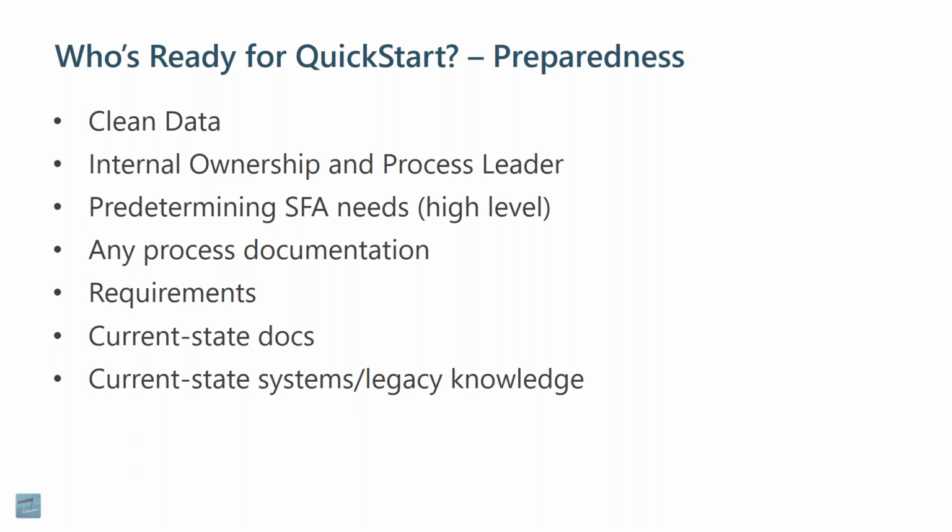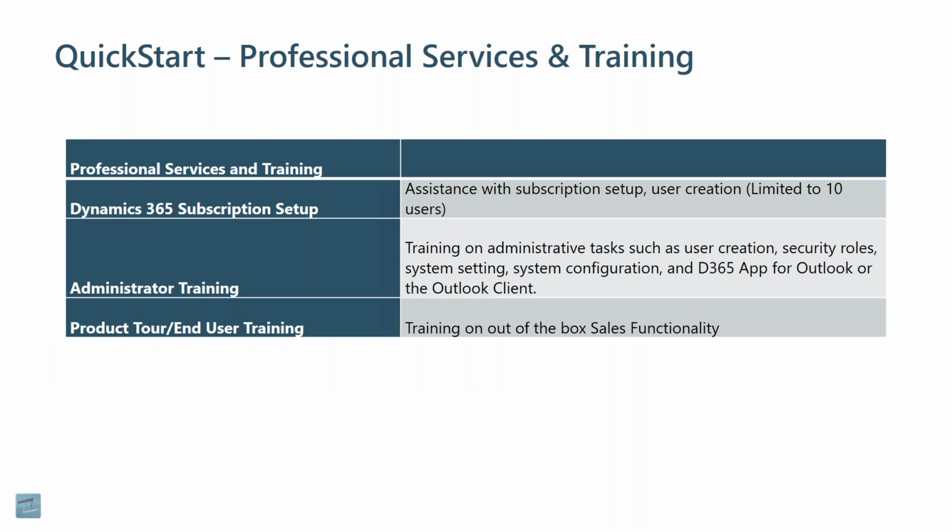And then any current state documentation or systems. Are you moving from a legacy system? Are you moving from Excel? What is your current state, or your current systems you're working with, and then where are we going from there? Anything that we can really get hands-on with, or be equipped with from the get-go, is really going to aid in that day one efficiency for jumping into quick start.